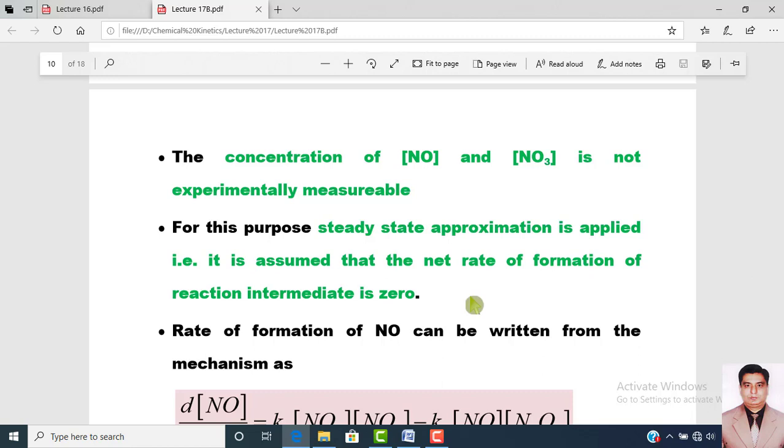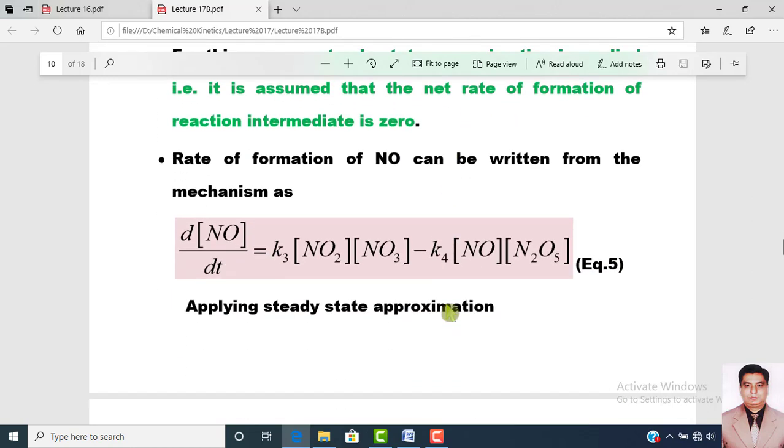For the steady state approximation, we mean that the net rate of formation of reaction intermediate is 0. So the rate of formation of nitric oxide can be written as in equation number 5.